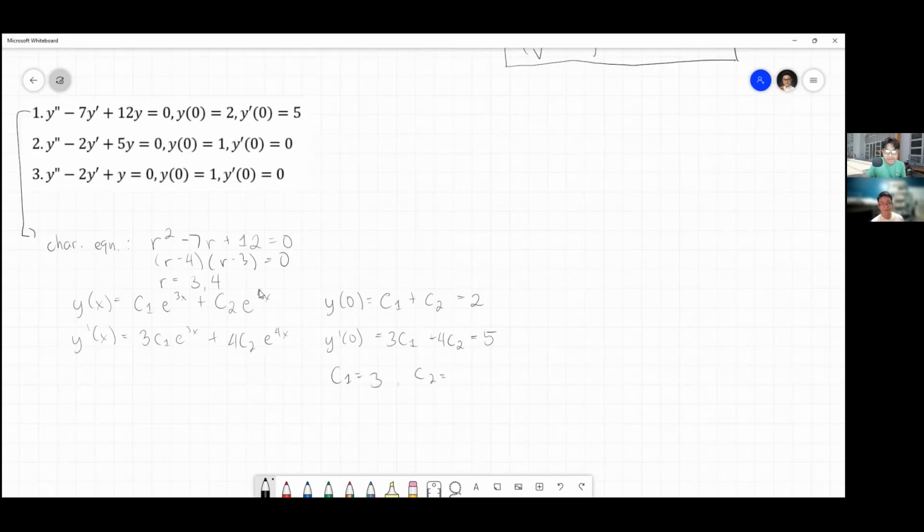Then C2 equals -1. Tama ba? Okay. So, yan yung value ng ating arbitrary constants. So, yung complete na solution natin for this ODE is y of x equals 3 e to the 3x minus 1 e to the 4x.